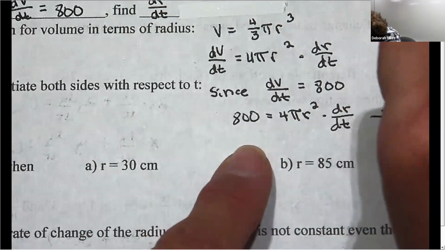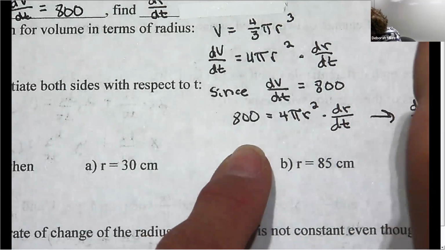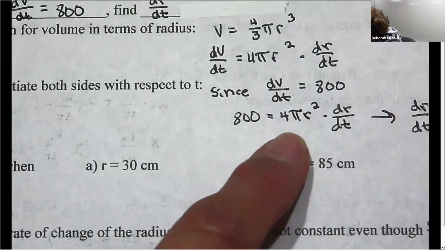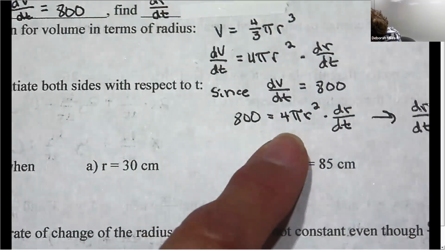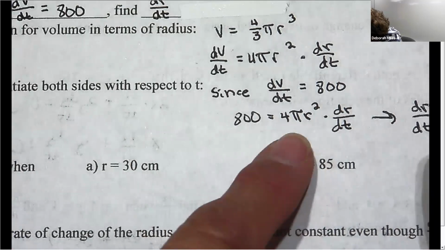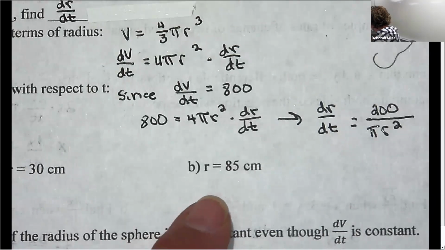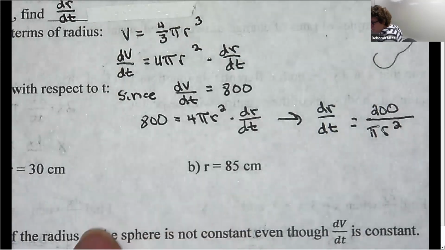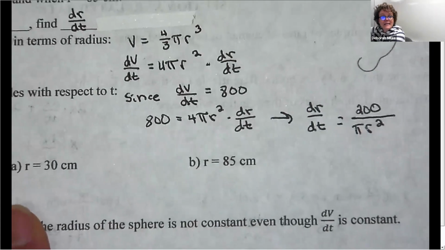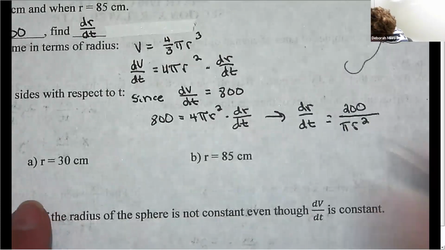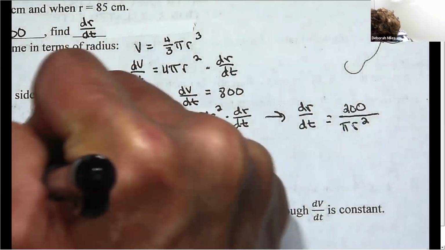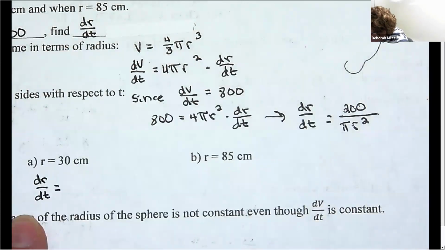That would give you dr over dt is 200 over pi r squared. That'll be easier to plug in numbers for R. So in the A part, dr over dt is 200 over pi times 30 squared.